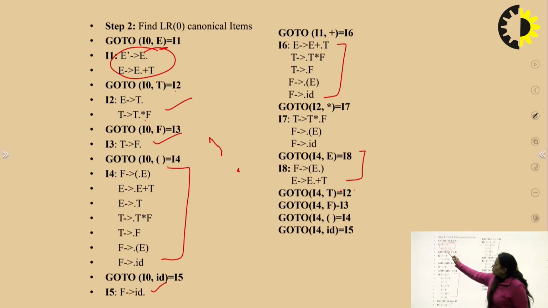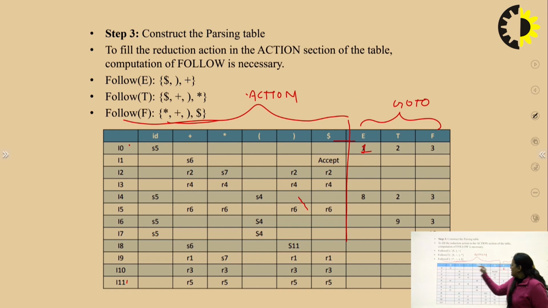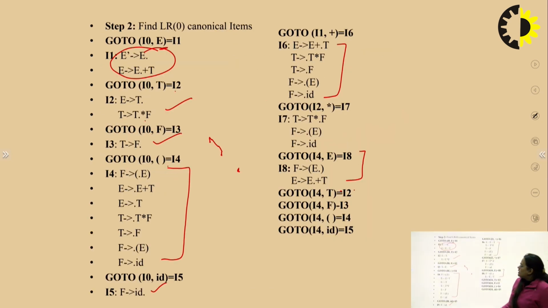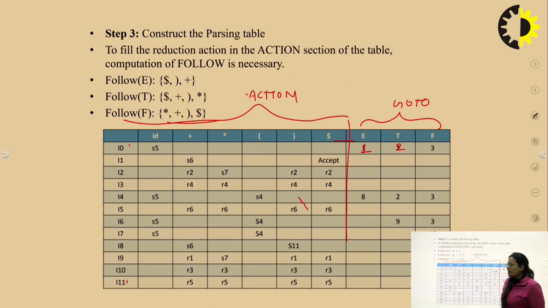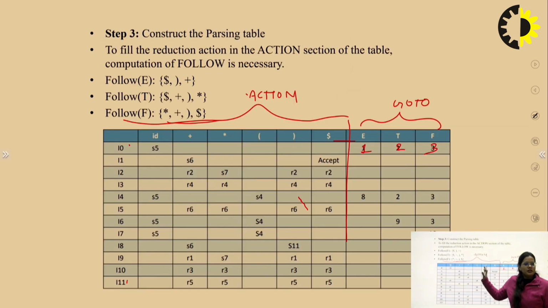Next is go to I0 comma T, then we have to go to I2, so we make an entry I0, T is 2. Then go to I0, F is I3, so 3. So all go-to entries will be done in this form.